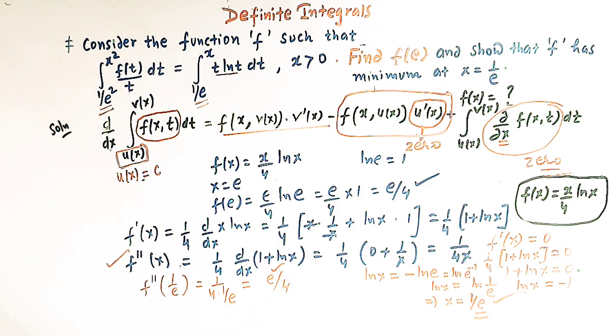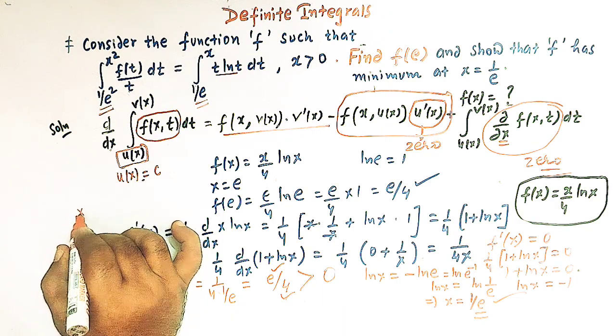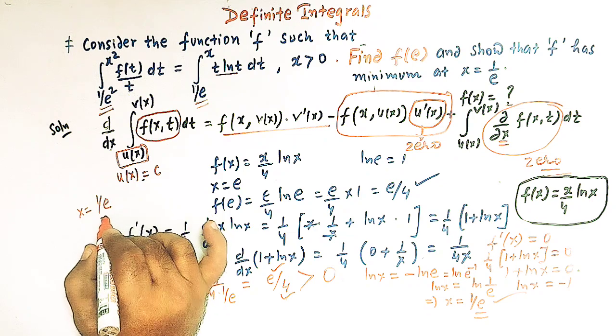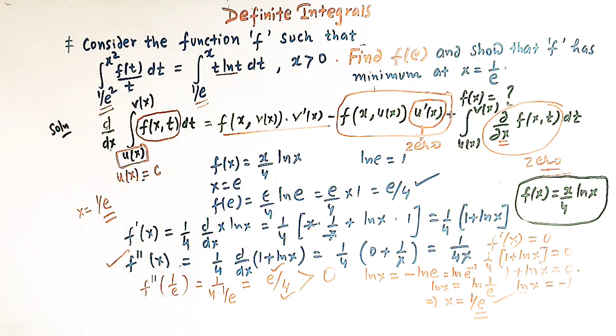So e is positive, 4 is positive, so the second order derivative is greater than 0, right? So when the second order derivative is positive or greater than 0, then the function is said to have a minimum, right? So we can see that x is equal to 1 over e is a point of minima.